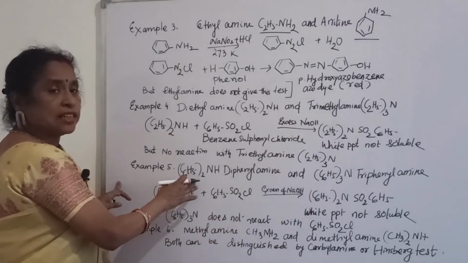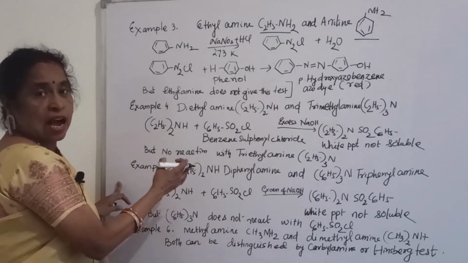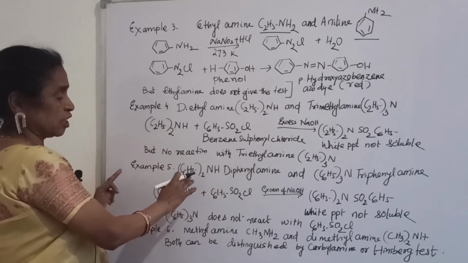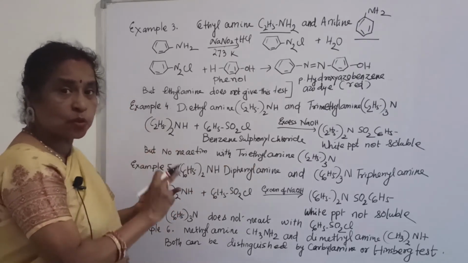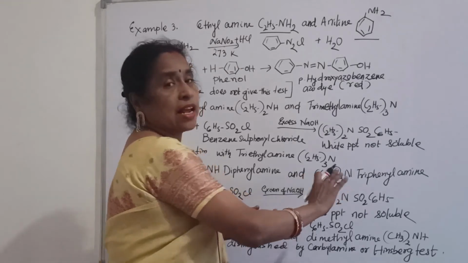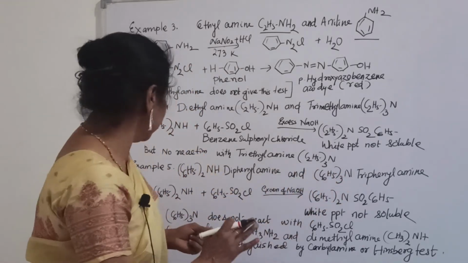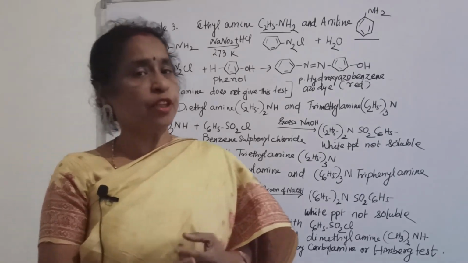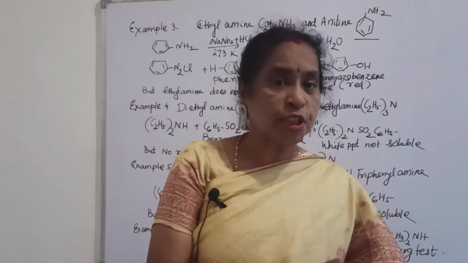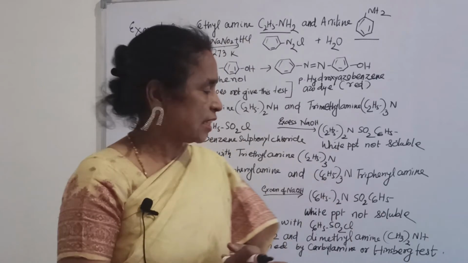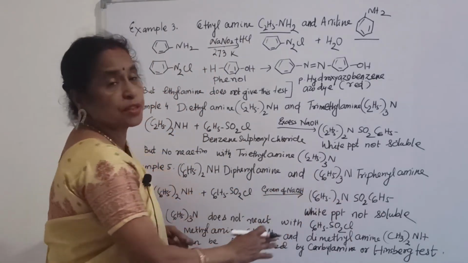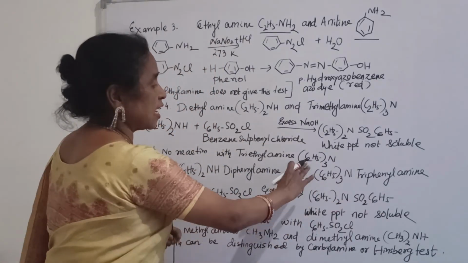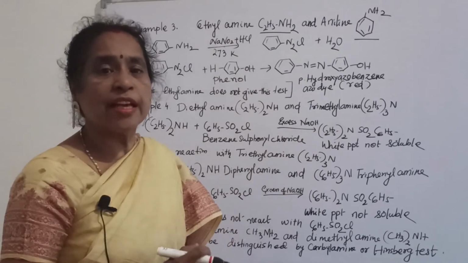Then come to example 5, where you will see diphenylamine and the other one is triphenylamine. Diphenylamine, that means here phenyl groups are there, 2 times C6H5 to NH, and hydrogen is free, whereas in triphenylamine there is no hydrogen here. That is why diphenylamine reacts with benzene sulfonyl chloride, or you can say it is positive for the Hinsberg test. In excess of NaOH it gives a white precipitate, whereas triphenylamine will never give any white precipitate.